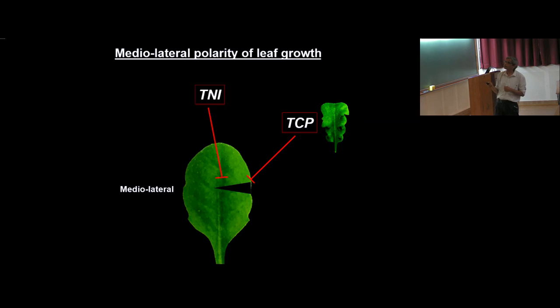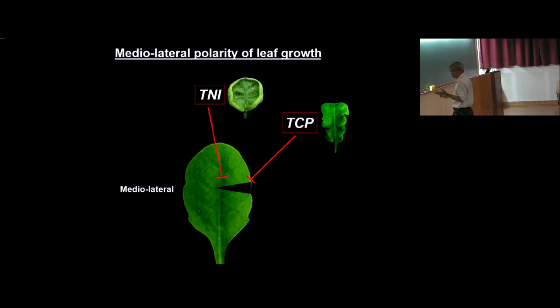There are certain genes which are acting in the center, and if you mutate those genes, there will be more growth in the center, and then you will get a positive Gaussian curvature. You can explain this function by the expression pattern of this TCP, because TCP is expressed in this kind of gradient, more in the periphery than in the center. But it's hard to explain how this gene acts more in the center than in the periphery, because it's expressed everywhere.